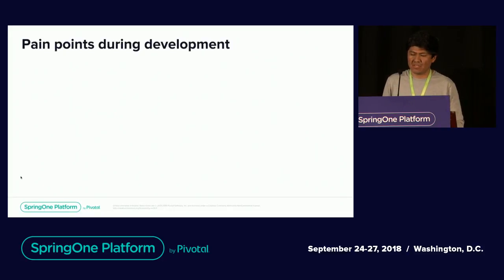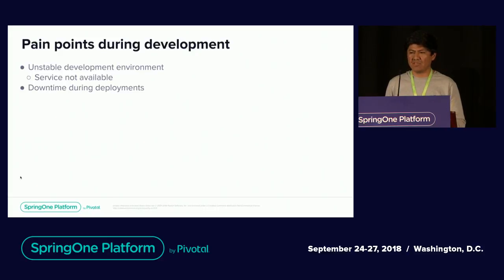When we are developing services in general, we have some issues, like I want to test my service A against service B. I cannot do it because maybe the development environment is unstable. Or the service is not available for any reason. So maybe the development team from service B is deploying the application, so there is a downtime which affects my development.